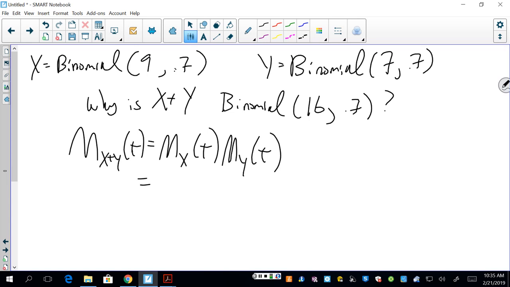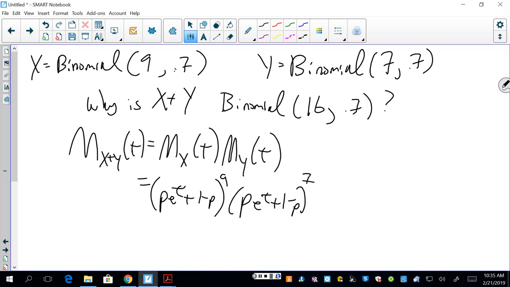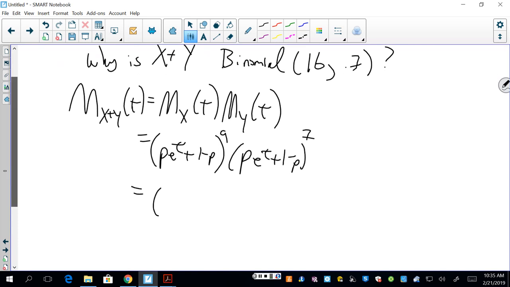If I told you that the moment generating function of a binomial was p e to the t plus 1 minus p raised to the n power, so the 9th power for this one, and this one was p e to the t plus 1 minus p raised to the 7th power for the second one, you can combine them and get a moment generating function, p e to the t plus 1 minus p to the 16th.